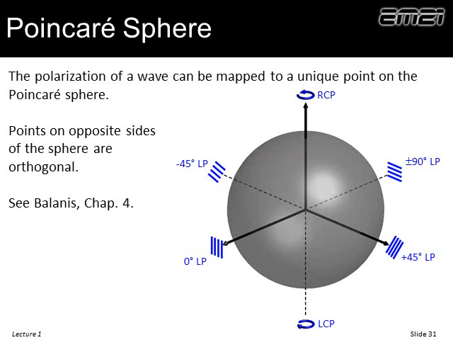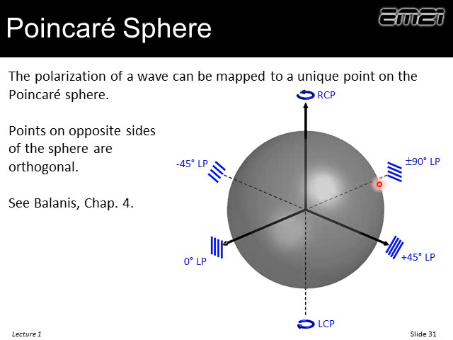Now, the utility of the sphere is that if we're at opposite sides, those are orthogonal polarizations. Those will not interfere with each other. Right and left-hand circular are at opposite sides of the sphere. They won't produce interference. 0 degree linearly polarized and 90 degree linearly polarized are clearly orthogonal; they won't interfere.